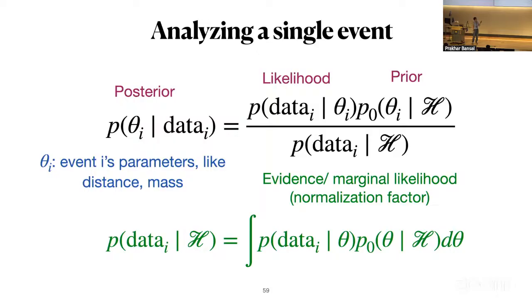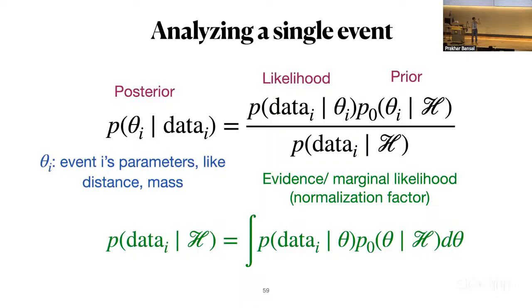We saw a similar equation yesterday with slightly different notation on one of the slides. This is the posterior on our true parameters for our event i, given the data for that event. That is equal to our likelihood times our prior divided by the evidence.